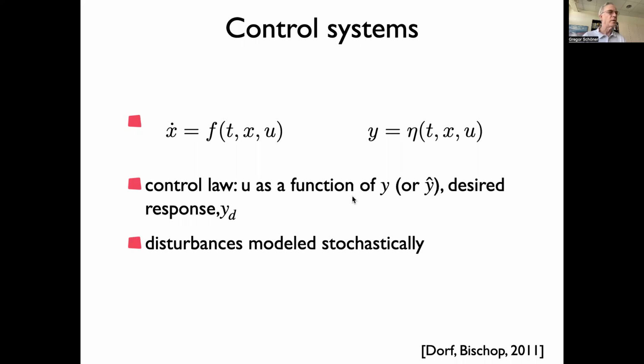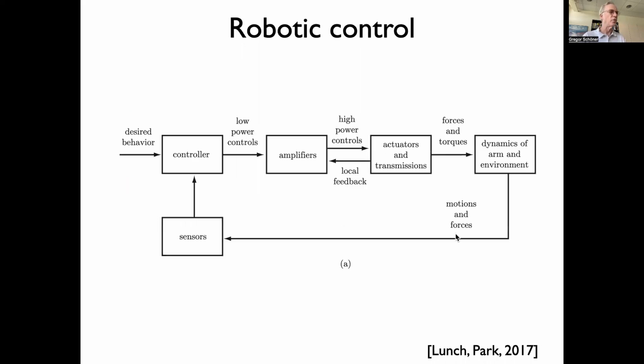The control law would be defined such that the output approximates some desired output. That will be your control goal, to achieve that desired output. And there's a whole very good mathematical theory for how to do that. So this is a more concrete version of control for robotics.